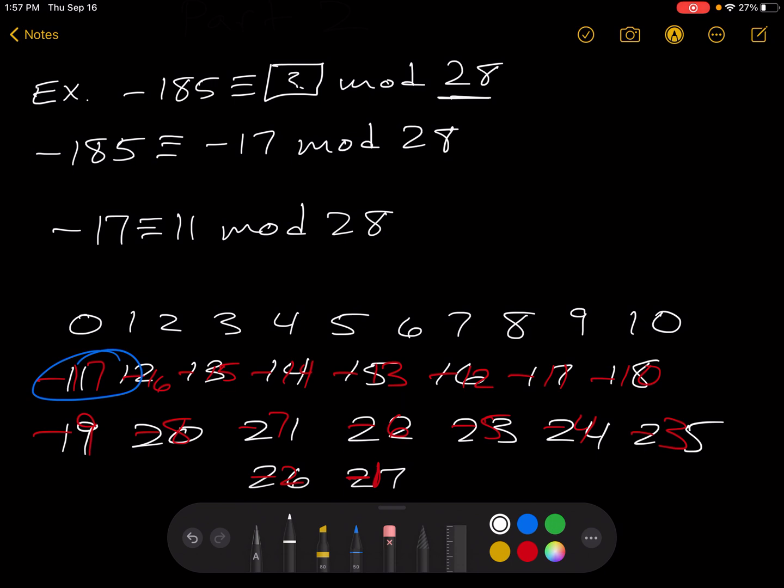Now, maybe you're not entirely sure that you did this correctly. We have a way to check this: check whether negative 17 minus 11, over 28, equals some integer.